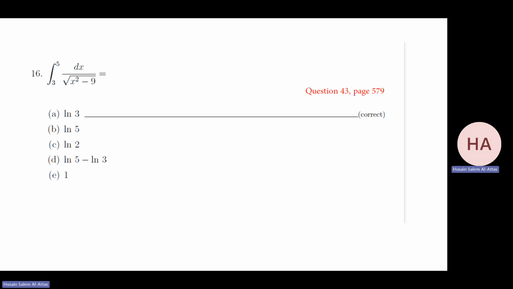And this one, it's about secant. There's a little bit of calculation here. Okay, my concern is about 3. So I have this limit, t goes to 3 from the right, of the integral from t to 5, dx over this. And now let me do this integral.